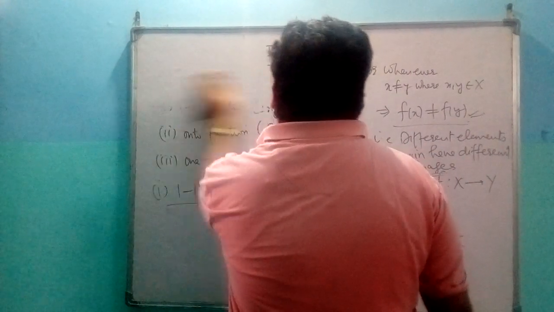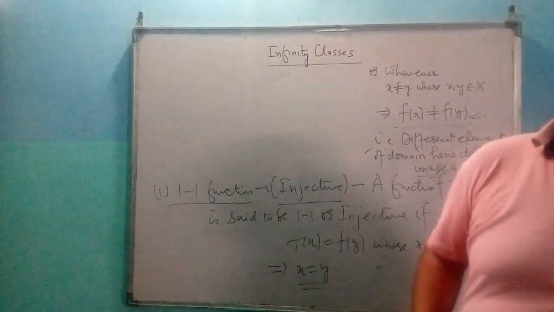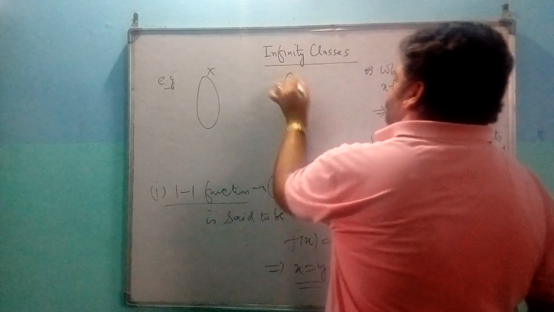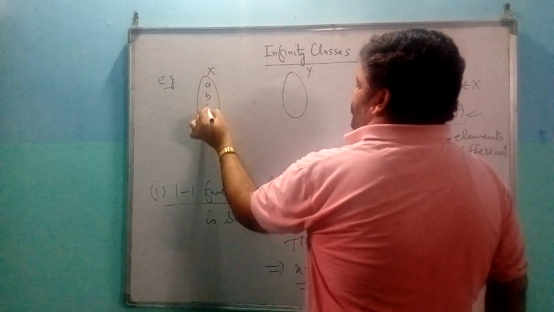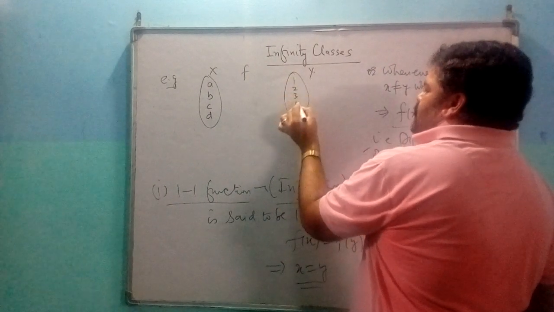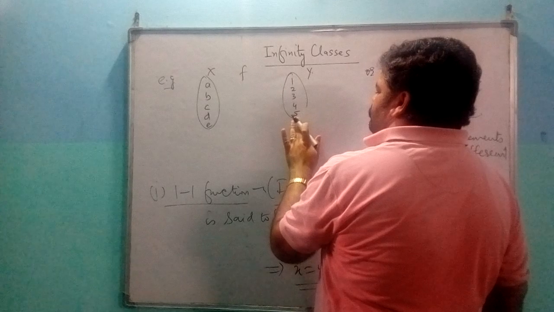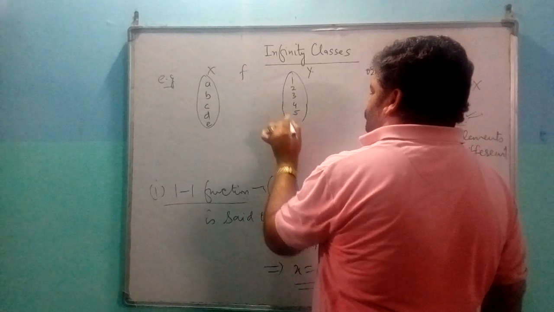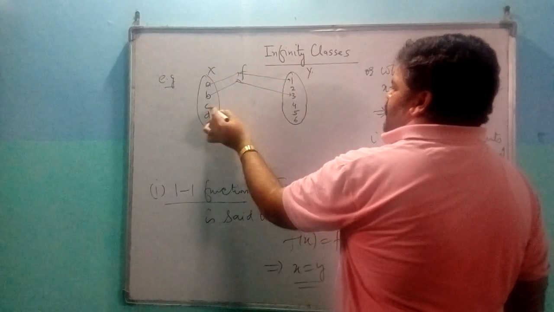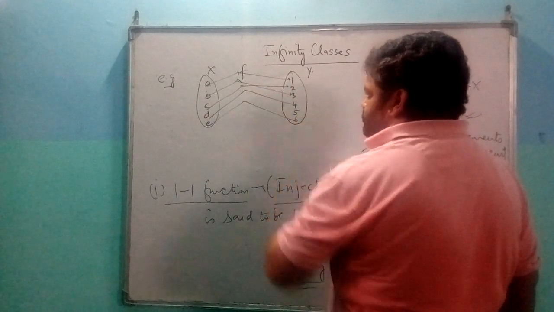For example, x is equal to a, b, c, d, e, y is equal to 1, 2, 3, 4, 5, 6. a goes to 1, b goes to 2, c goes to 3, d goes to 4, e goes to 6 under f.